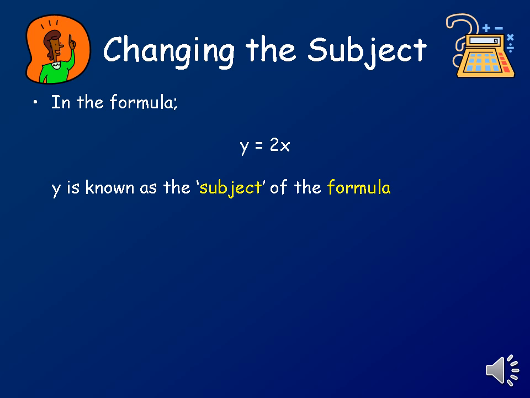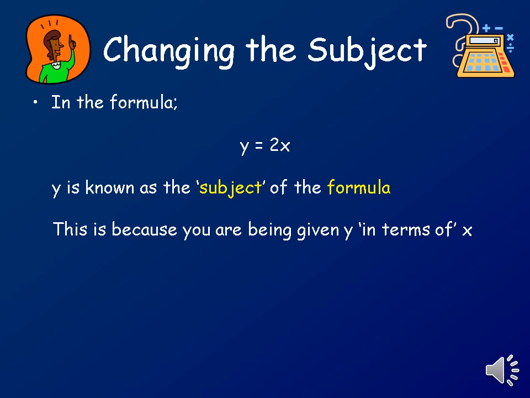Okay, so a nice easy one to start off with. What we are being asked to do is, we're given the information here, y equals 2x. So y is the subject. The way of expressing it is that it's expressed in terms of x. So whatever the values of x are, that will be the value of y.